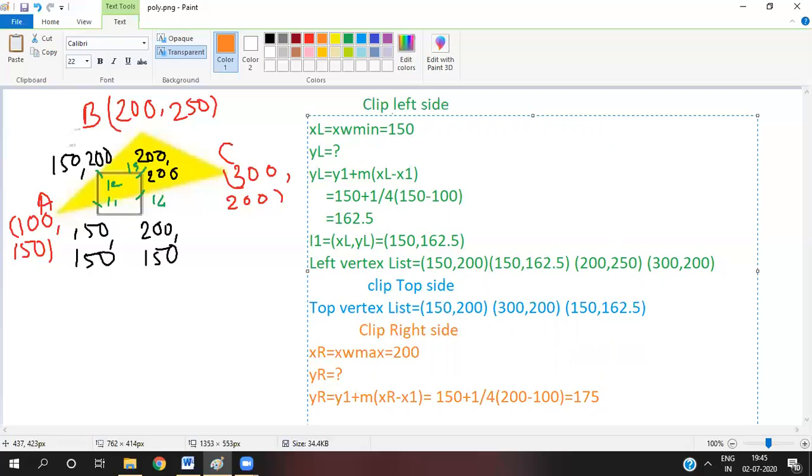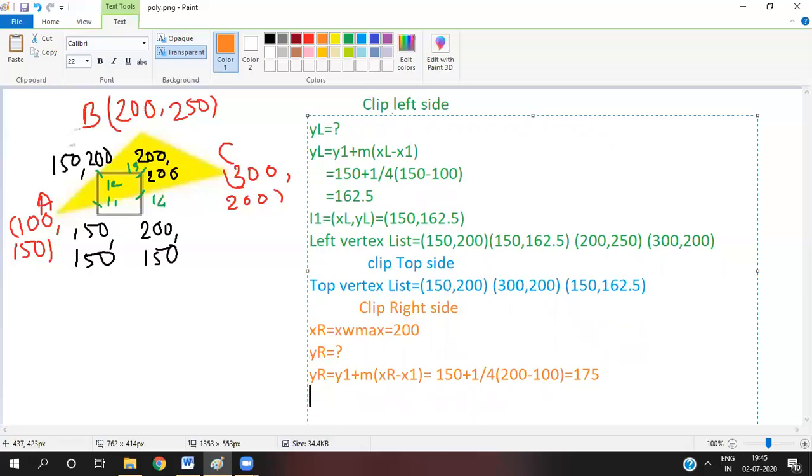Fine. So which point did we get? XR, YR, that is I4. I4 is equal to XR comma YR, which is equal to 200 comma 175.